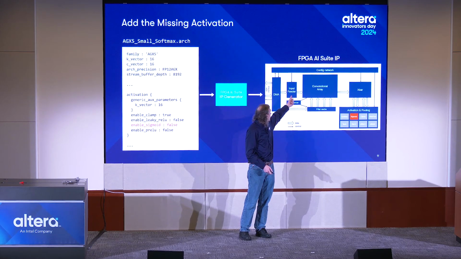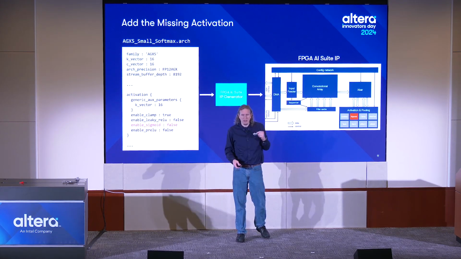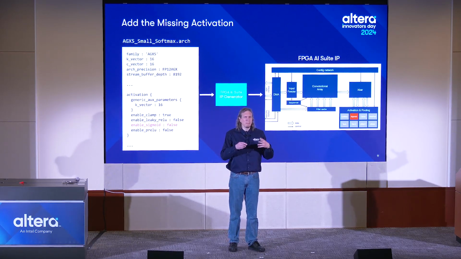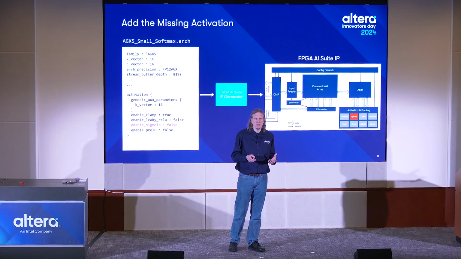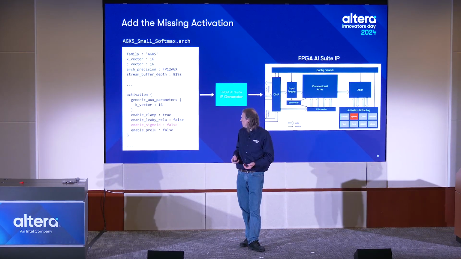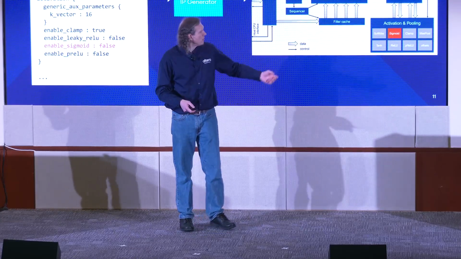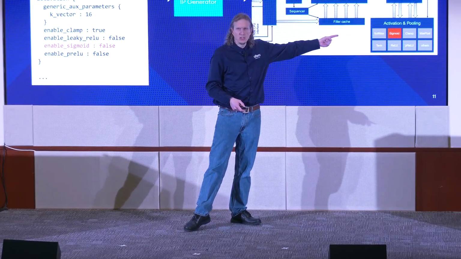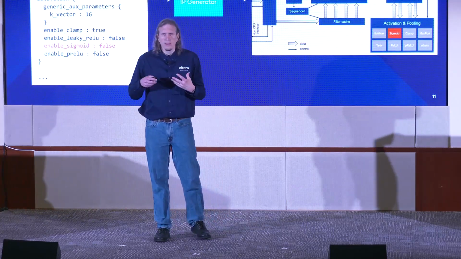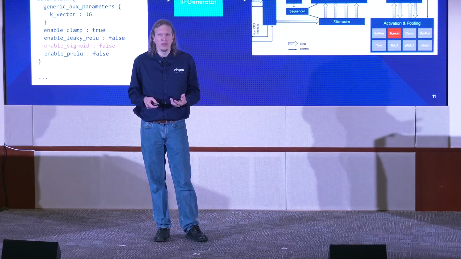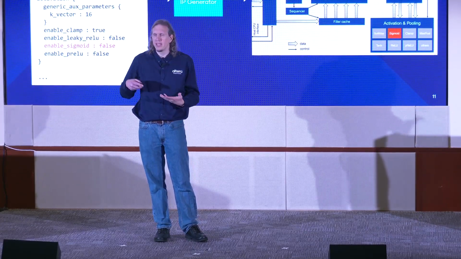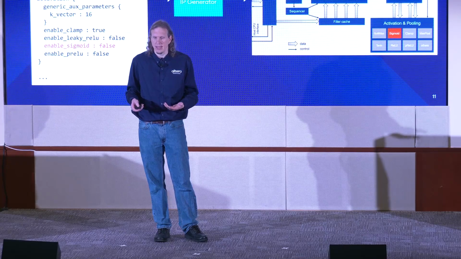Buried inside the stream buffer, or the input feeder, we renamed it, is another cache that stores the feature data. Furthermore, the bus width connecting many of these modules is also configurable. Very importantly, at the bottom right-hand side is this section called the activation and pooling modules. The Arch file allows us to configurably either disable any one of those modules to save area, or we can enable it and include it in the IP.